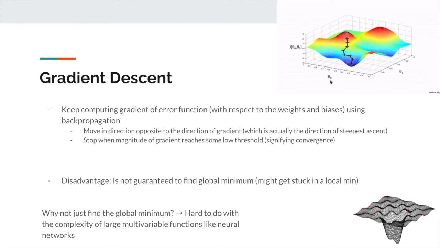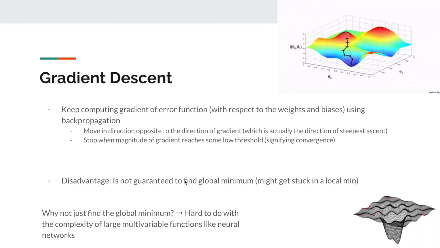So if you have a neural network with maybe 1,000 different weights and biases, then it becomes very hard to plot this sort of loss function graph. It's hard to visualize what happens with more complex neural networks, but the overall intuition that you gain from this animation is the same.